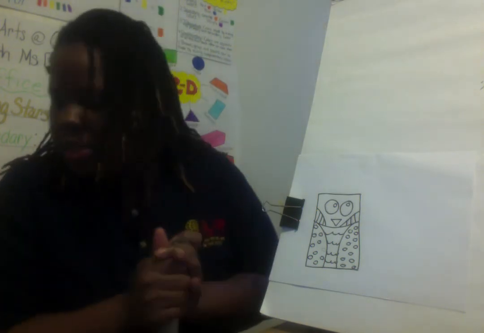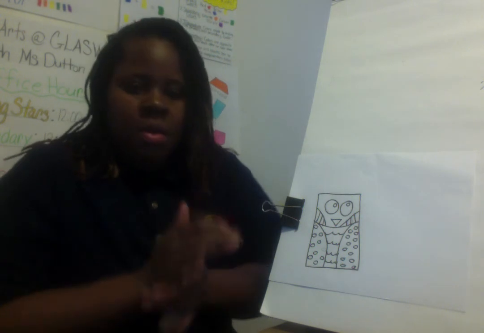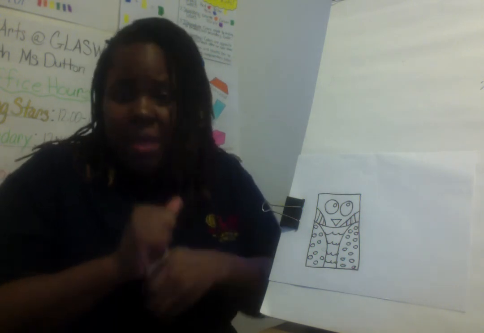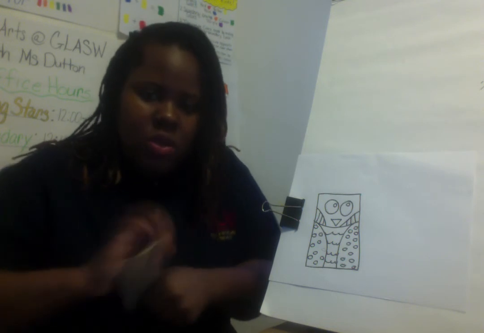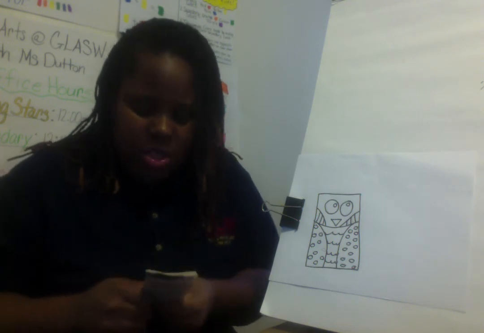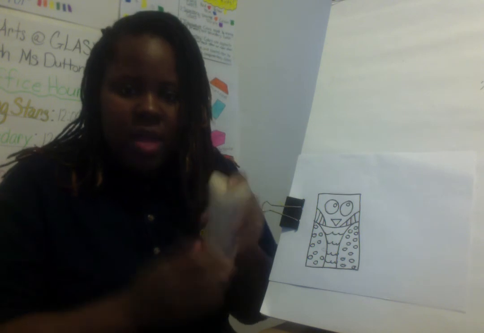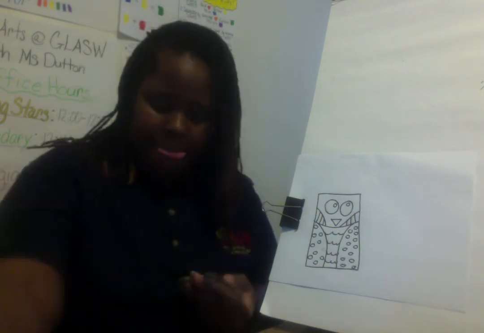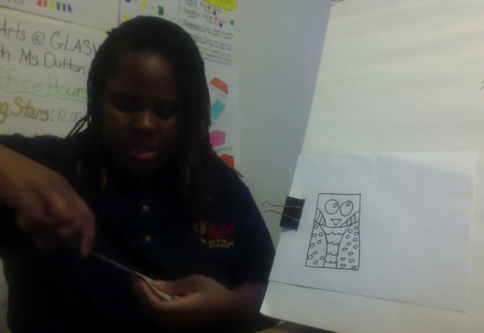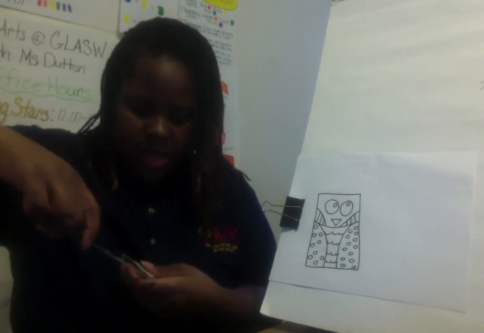So I'm going to start smashing it a little bit to give it some give, because sometimes toilet paper rolls are a little bit harder to manage. So once I do that, I'm going to cut the ends. So I'm going to snip the ends where there's a little dent.